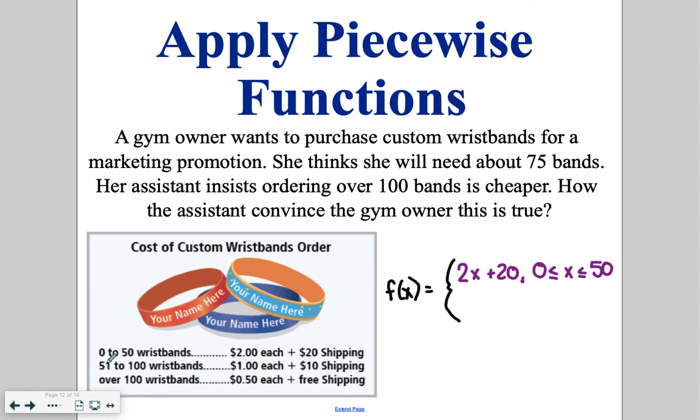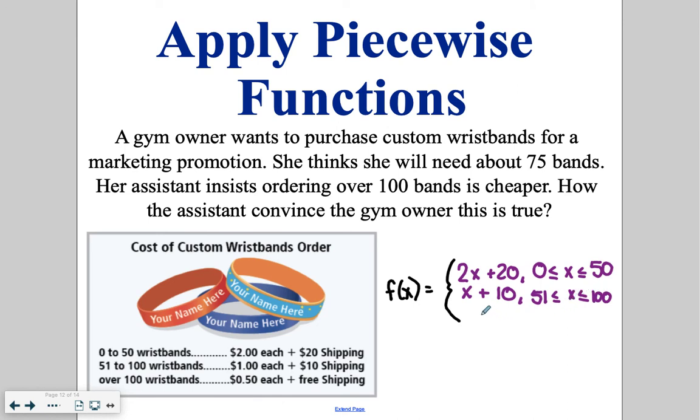Then the second part says 51 to 100 wristbands. The price is $1 each, so 1x, or just x, plus the $10 of shipping. And that happens when we start at 51 and go up to 100. There's a third option in this one.